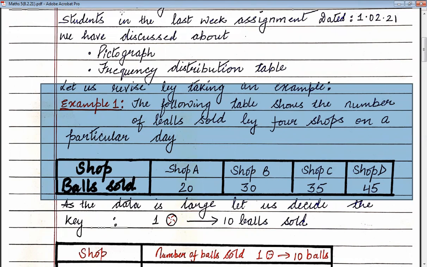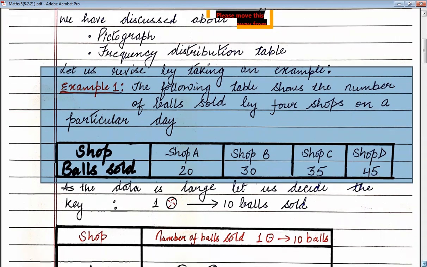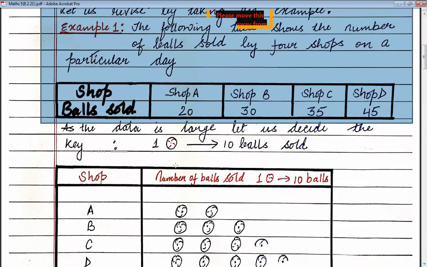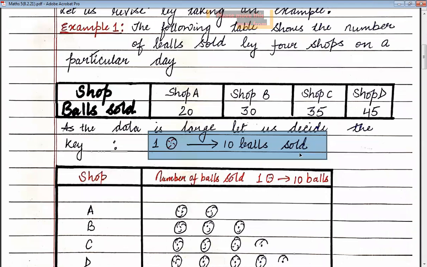Now children, as you can see, this data is quite large. So instead of making 20 pictures, 30 pictures or 45, we can use a key here. Okay, so let's decide a key. Now I have taken one ball as 10 balls sold.